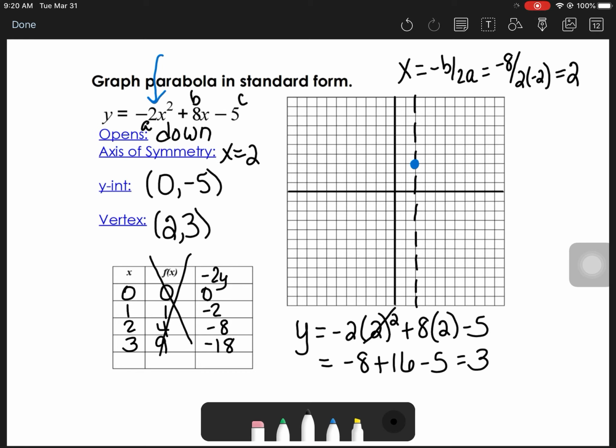So we cross off the middle column, circle the 0, 0 to remind us that that is our vertex. From our vertex, we're going to go right 1 and down 2. And then we're going back to our vertex, and we go right 2 and down 8. Then we're going to reflect those points to the other side, draw our parabola. Our third point doesn't fit on our graph, so we'll just leave that. And this was our review of graphing parabolas in standard form.